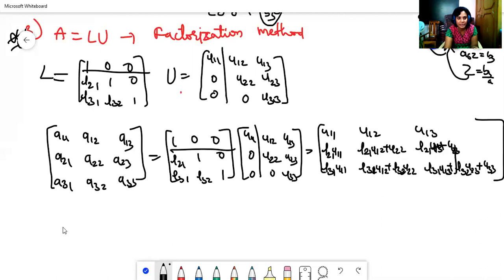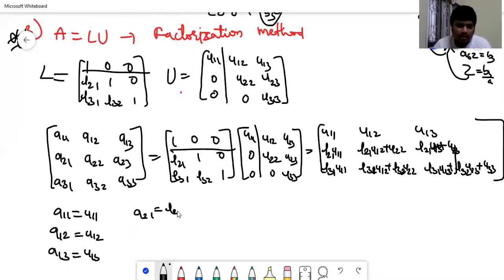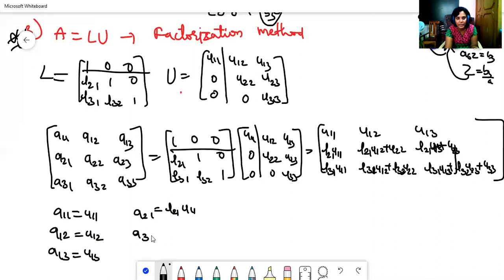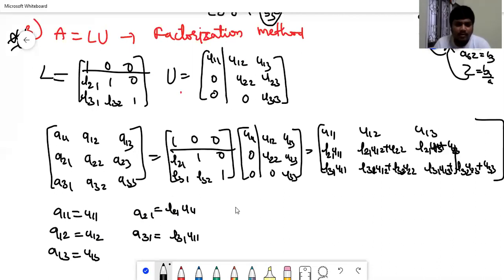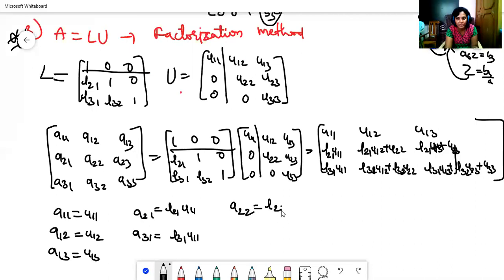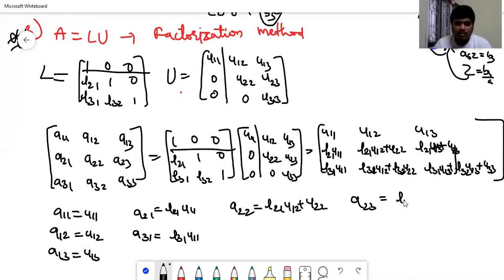Equate on both sides. A11 equals U11, A12 equals U12, A13 equals U13, A21 equals L21 U11, A31 equals L31 U11, A22 equals L21 U12 plus U22, A23 equals L21 U13 plus U23.